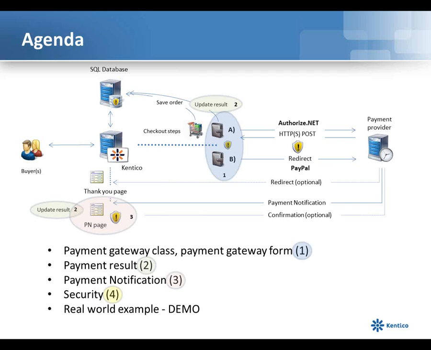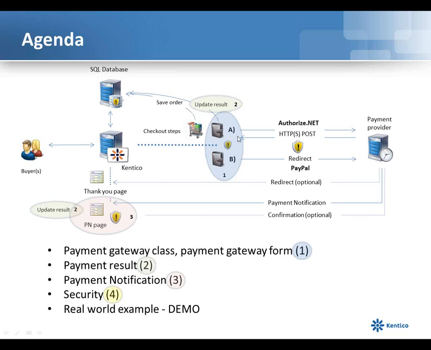Once the payment gateway in Kentico is initialized and we have gathered all of the necessary information from the customer, there are several options for how to deal with the payment step. This really depends on what options I actually have with the payment provider or processor. Usually I have two options, as you can see on this screen.